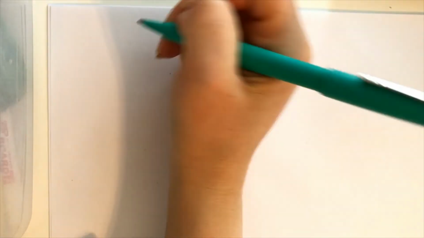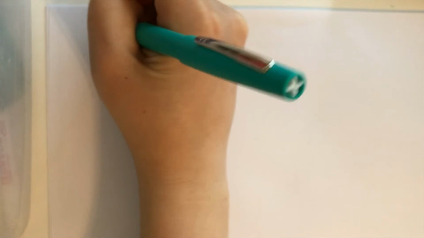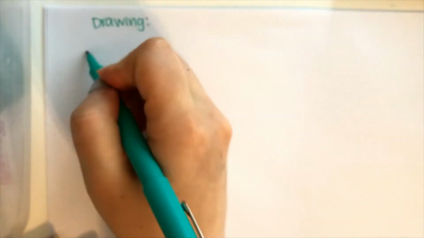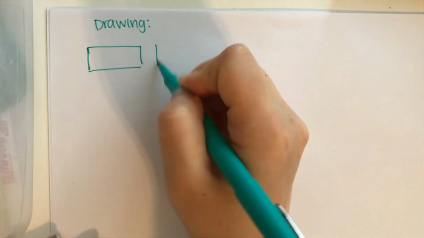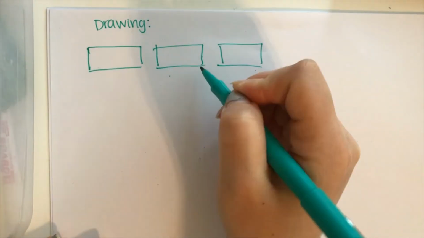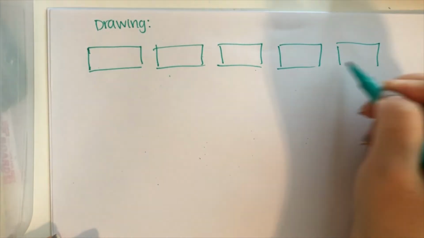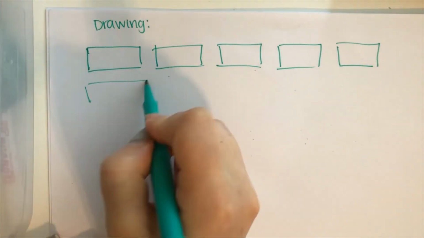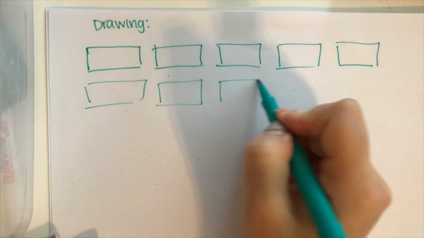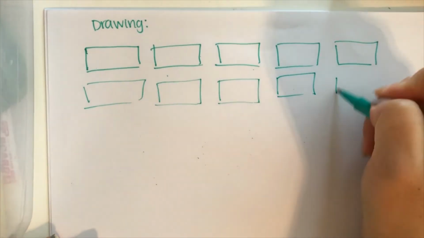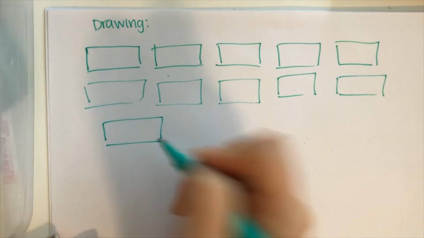The first method is very similar to yesterday's, and we're going to start with a drawing. We actually have 11 boxes of cupcakes, so right now I'm going to start with 11 boxes. 1, 2, 3, 4, 5. You know I like to draw in rows of 5. It just makes it easier. My boxes are not perfect. I just draw them.